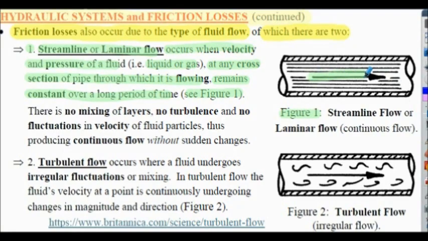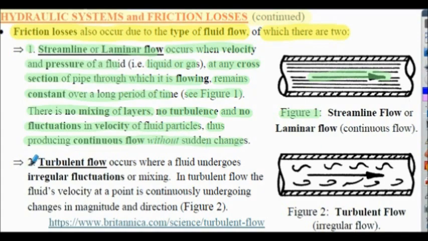This illustrates streamline laminar flow. There is no mixing of the layers, no turbulence, and no fluctuations in velocity of the fluid particles, thus producing continuous flow without sudden changes.